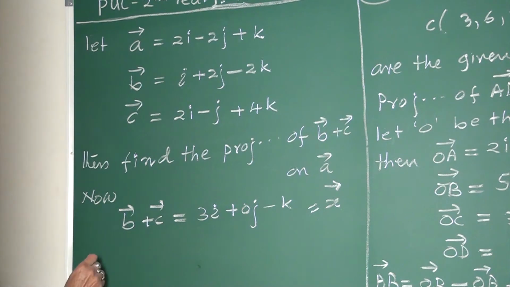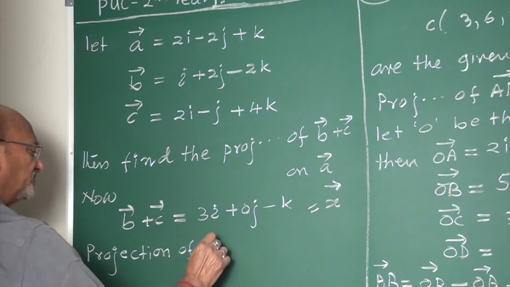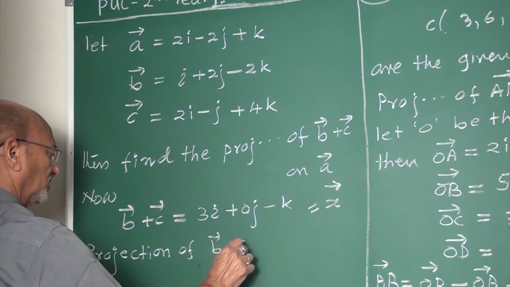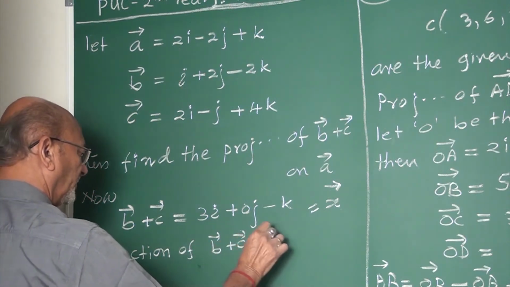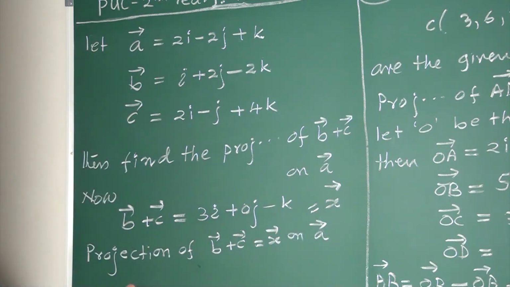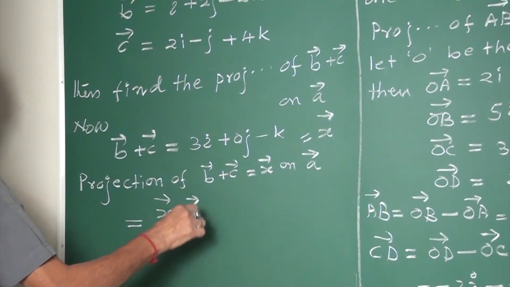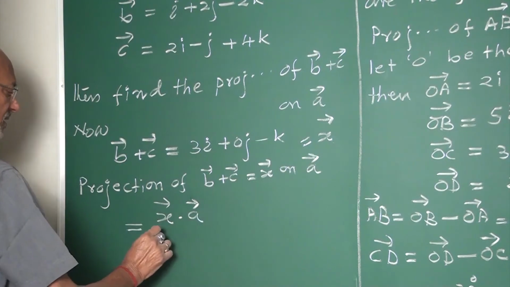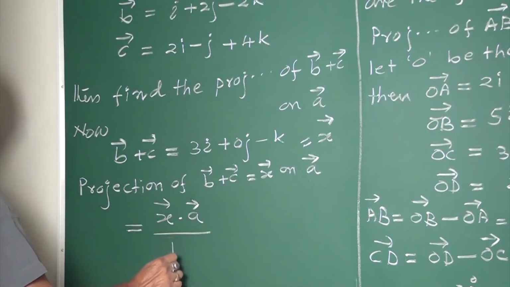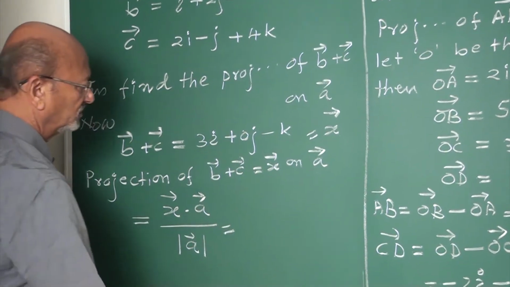Then you wanted the projection of B plus C, equal to vector X on vector A, equal to X dot A upon the magnitude of A. Yes, friend, what is this?